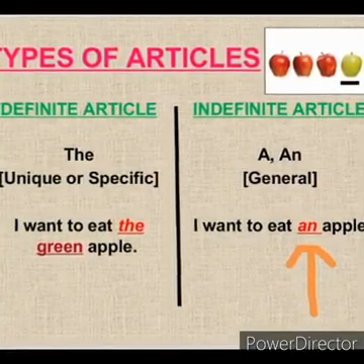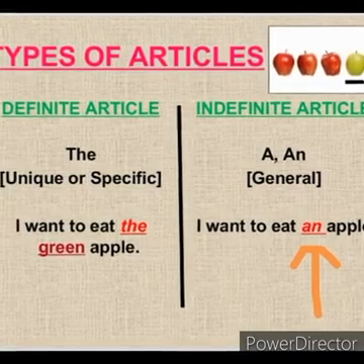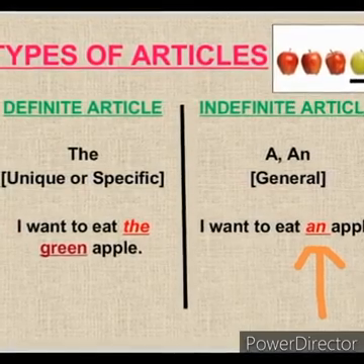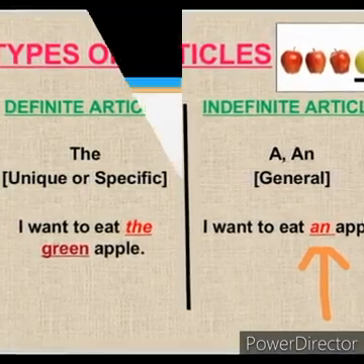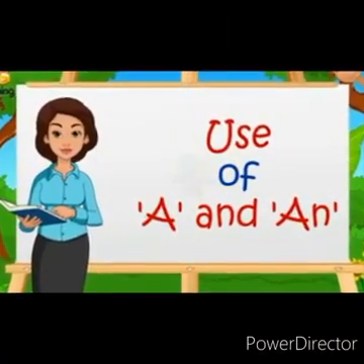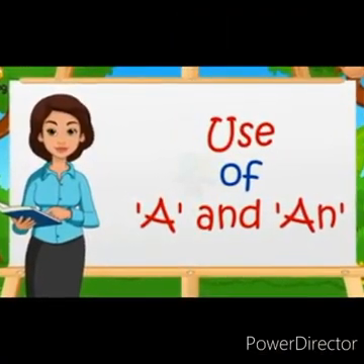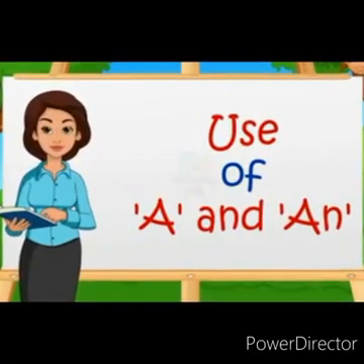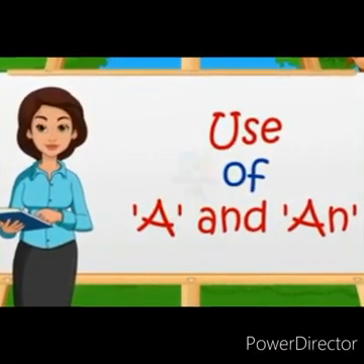So now let's understand why we have used article an instead of a. That means when we have to use article a and when we have to use article an.